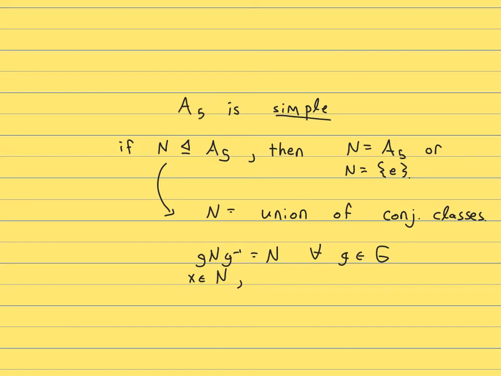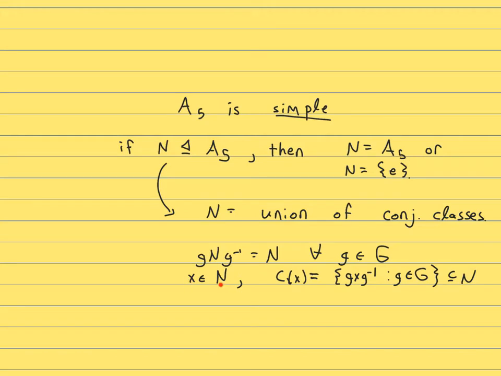What you now see is that the conjugacy class of x must be a subset of N. Why? Because of this equality. This equality states that the conjugate of x must be an element of N for all g, and so this whole set must be a subset of N.